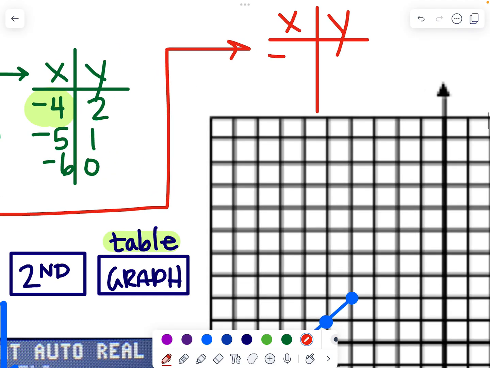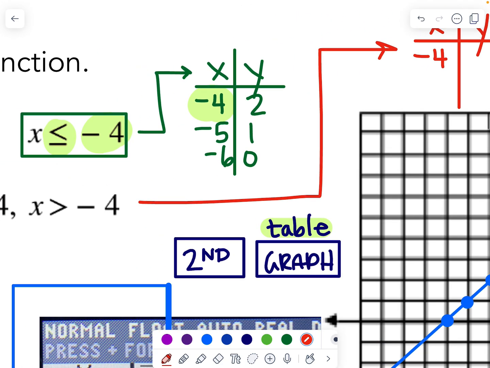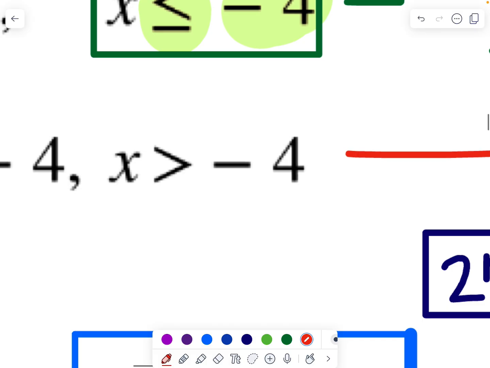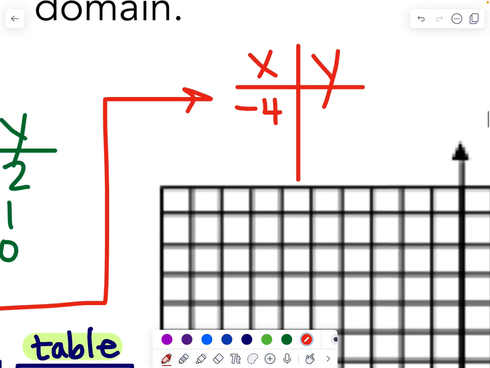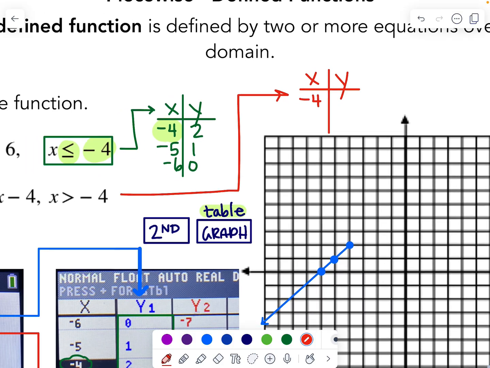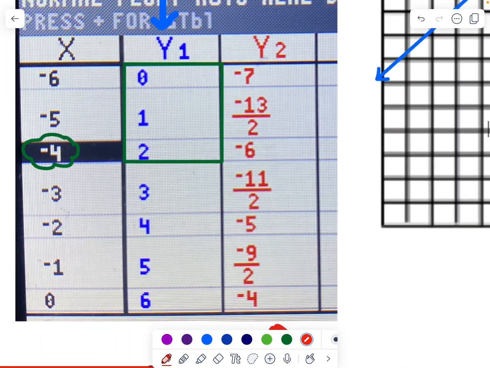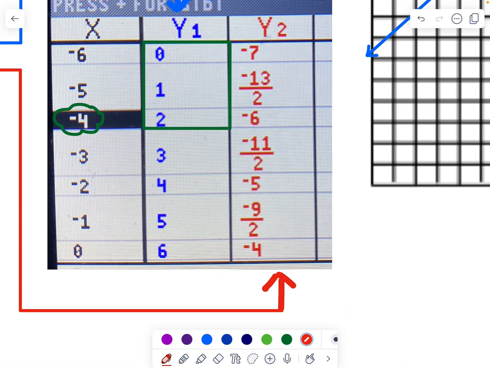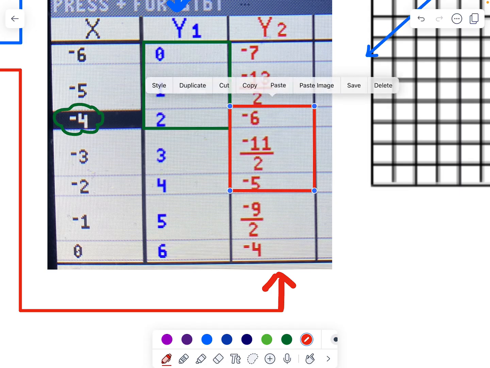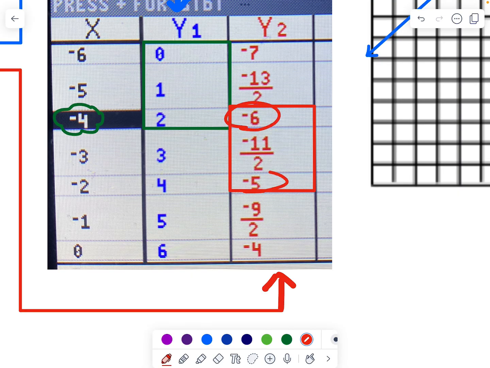And I'm also going to start this one at negative 4 because even though negative 4 is not in this domain, since there is no or equal to, I still need to have a dot at that spot, and the dot will be an open dot, not a closed. So I'm still going to start at negative 4. Now, as far as this one is concerned, again, you only need a couple. Sometimes you can see from your table of values, and if you don't want to graph a fraction, it may be easiest to pick this point and this point.